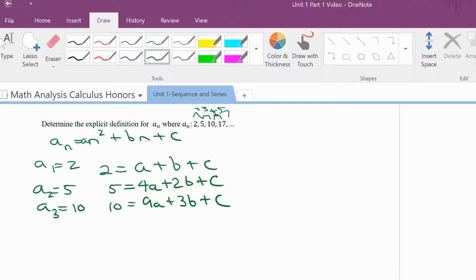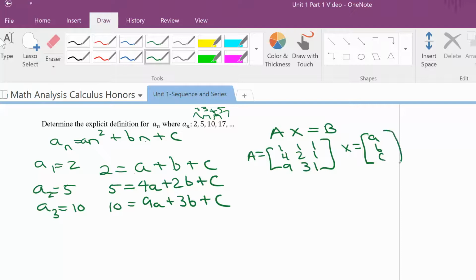So now I have a system of equations. I can make a matrix, because remember last year you talked about Ax equals B, and the A matrix here would be the terms. So you have 1a, 1b, 1c, so 1, 1, 1, 4, 2, 1, 9, 3, 1, and then the X matrix is just the variables a, b, and c, and then B is the solutions here, 2, 5, and 10.